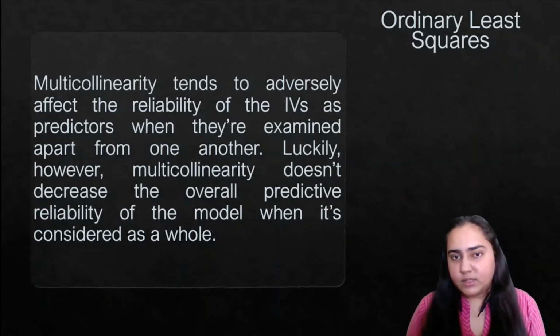Luckily, this multicollinearity doesn't decrease the overall predictive reliability of the model when it is considered as a whole. So you should use all these variables together and create a regression model in order to understand how they affect the dependent variable. If that is the case, then multicollinearity is not a problem.